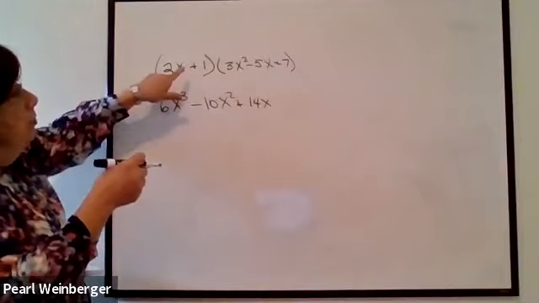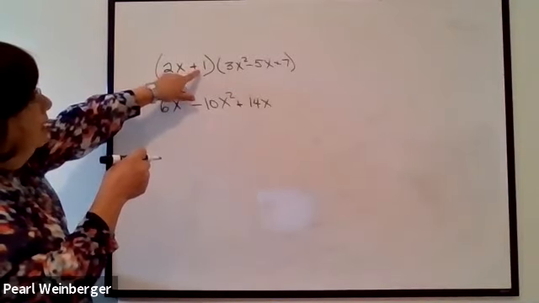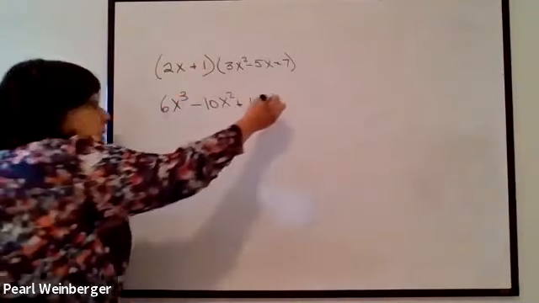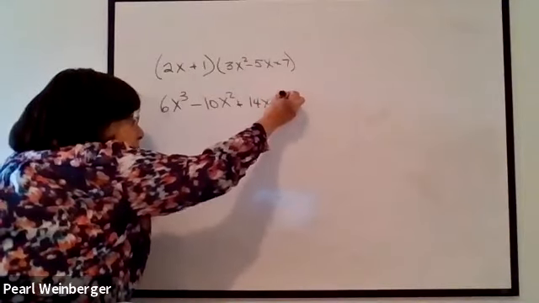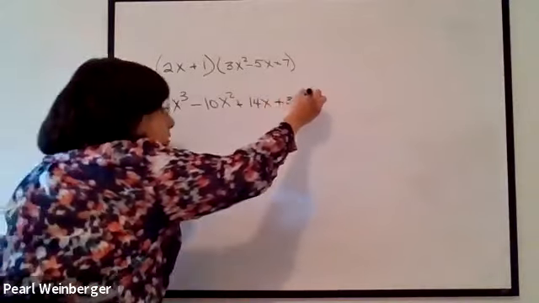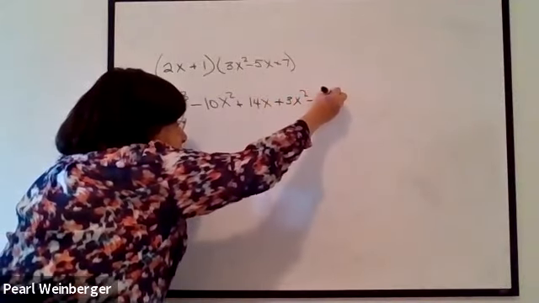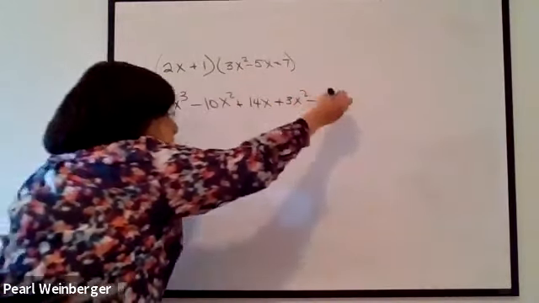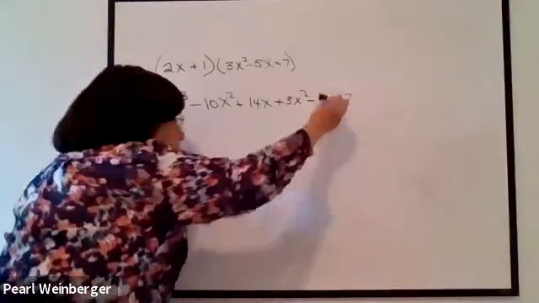In other words, I'm now going to multiply everything by 1. Now, 1 times 3x squared is 3x squared. 1 times negative 5x is minus 5x. And 1 times 7 is 7.